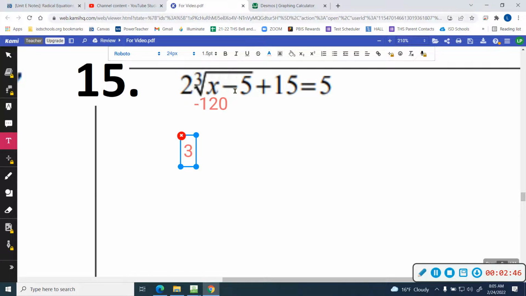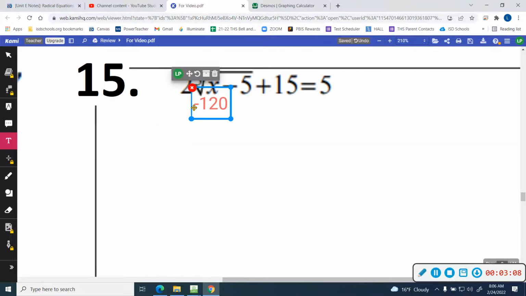So the cubed root of negative 125 would be negative 5. And then you add 15. So 2 times negative 5 is negative 10. Negative 10 plus 15, that's 5. So I know that the answer is, in fact, negative 120.